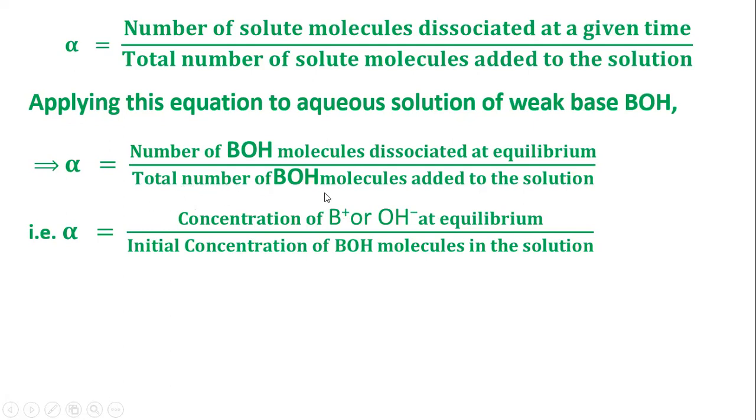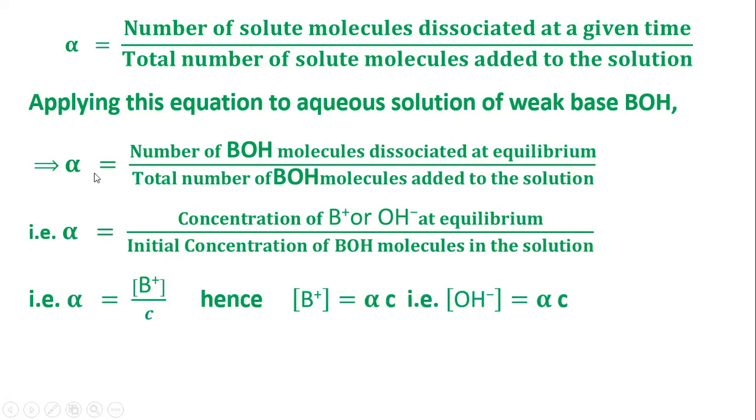And the total number of BOH molecules added to the solution can be indicated by the initial concentration of BOH molecules in the solution. Hence the concentration of B plus and the initial concentration of BOH, which is C moles per dm cube.